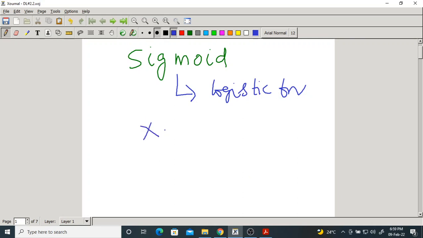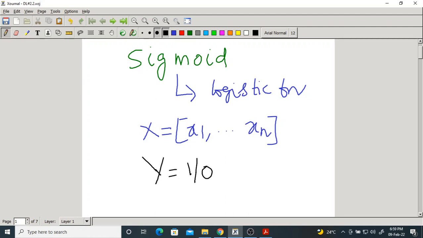Okay. So actually we have x, that is a set of inputs x1 so on xn, and for each and every x we have an output y. It can be binary or real, or belongs to the real line.